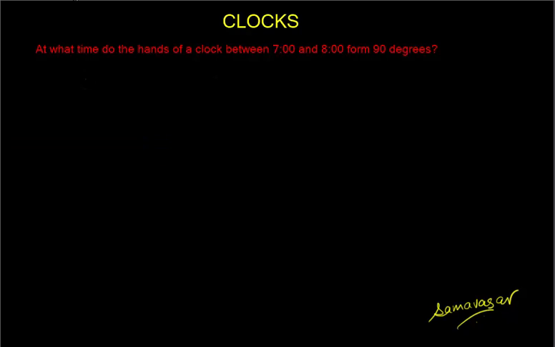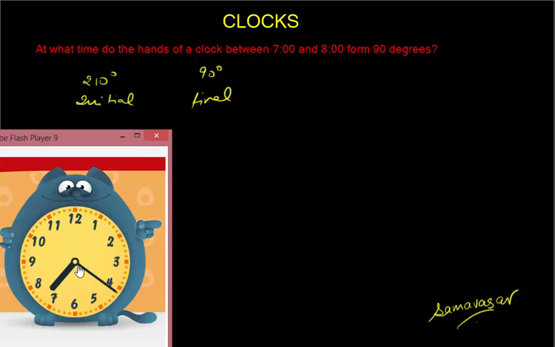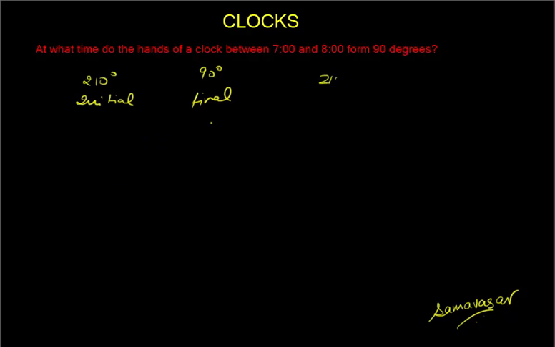Initially the angle between them was 210 degrees, the initial angle. What is the final angle? We know that it is 90 degrees. So how much has the angle changed? The angle has changed by basically 210 minus 90 degrees, which is 120 degrees.